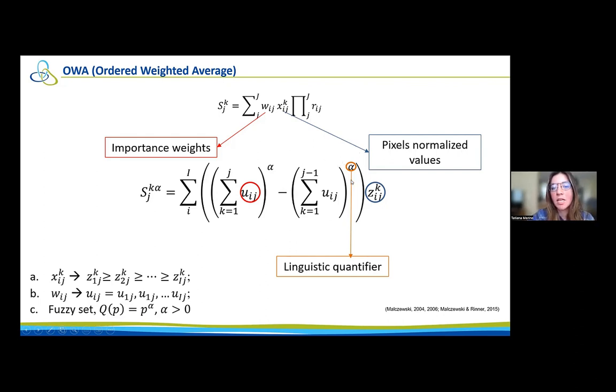In our case, the fuzzy set was the attitude towards risk, and we varied the linguistic quantifier in order to obtain different scenarios of land suitability regarding the risk attitudes.